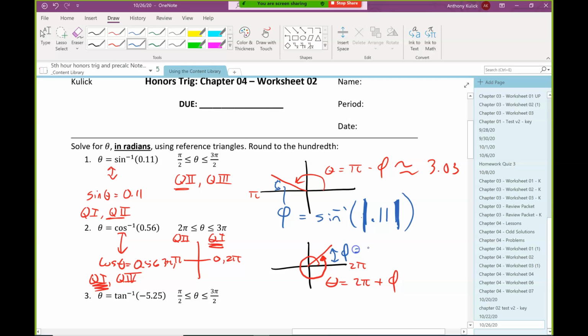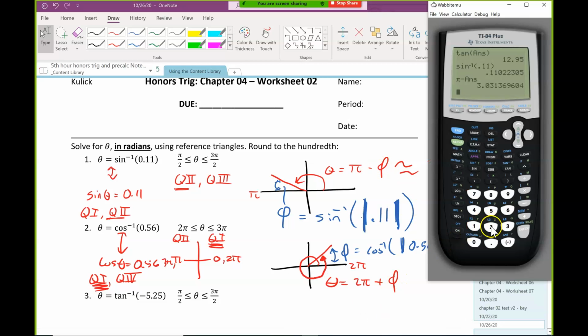And I know that phi is just going to be cosine inverse of the absolute value of 0.56. So do 2 pi plus cosine inverse 0.56. And that'll give me 7.26.